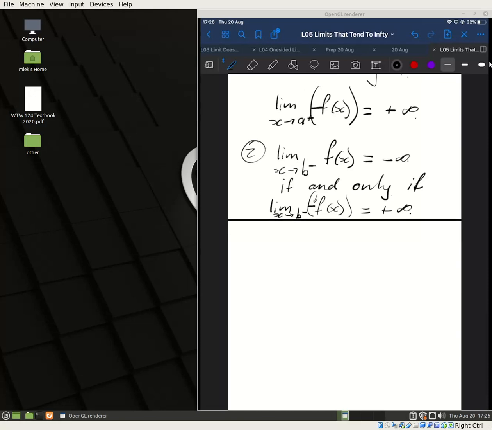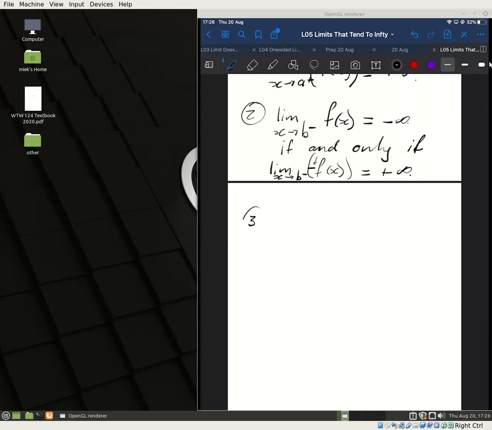And the next one looks a little bit strange. So let's take a look here. The limit as x tends to b from the left of f of x is equal to plus infinity.